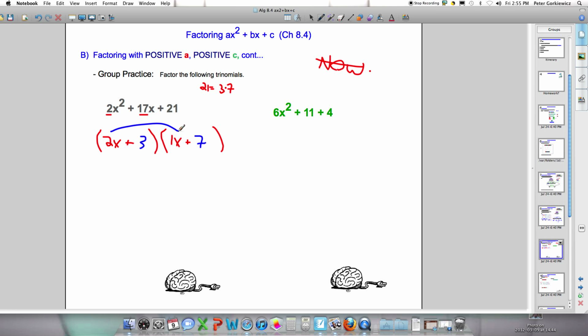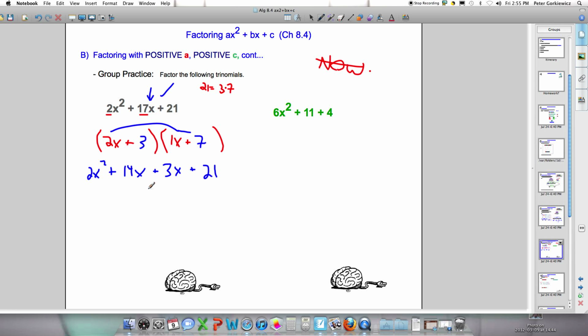So here we have 2 and 7. You get 14x. And 3 and x. Oh, and that is 17. Yay! So we know now when we do 2x times 1x, we get 2x squared. And 3 and 7 is 21.